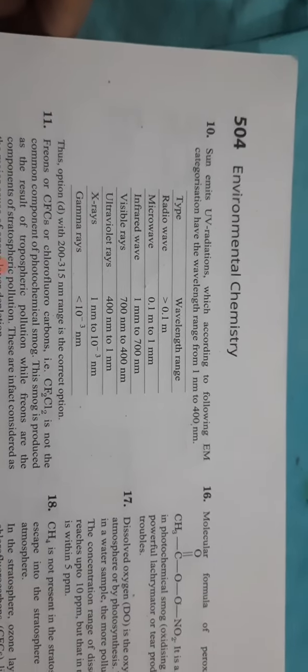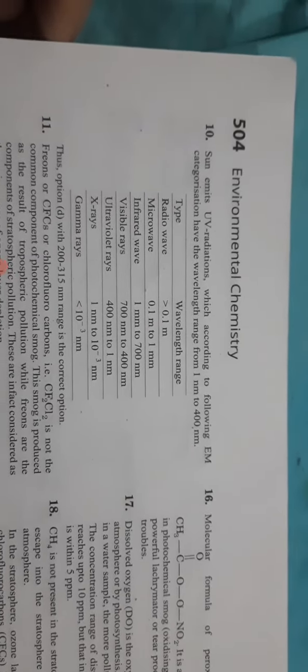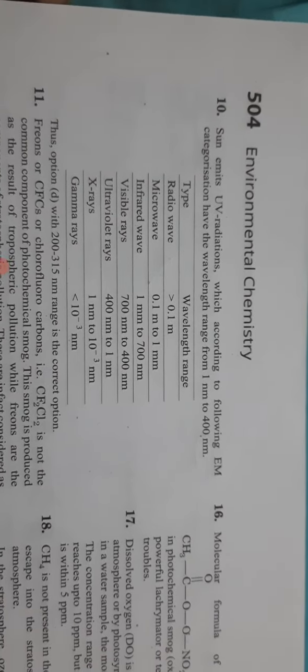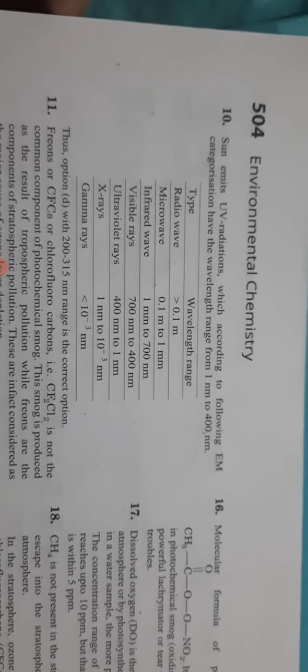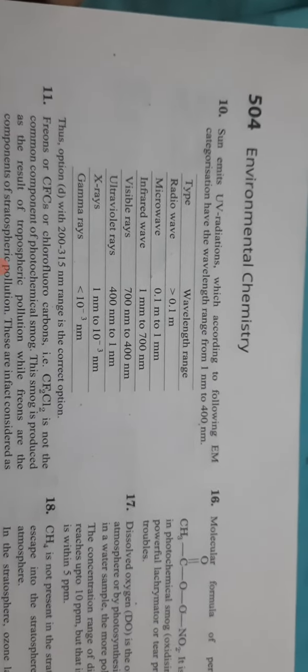Nanometer is nothing but 10 power minus 9 meters. So this is radio waves, microwaves, infrared waves, visible rays, ultraviolet rays, X-rays, and gamma rays. Sorry, option D is correct, 200 to 315 nanometers.